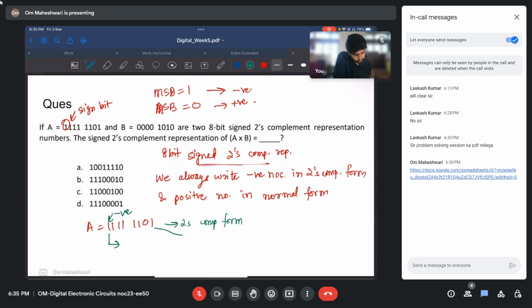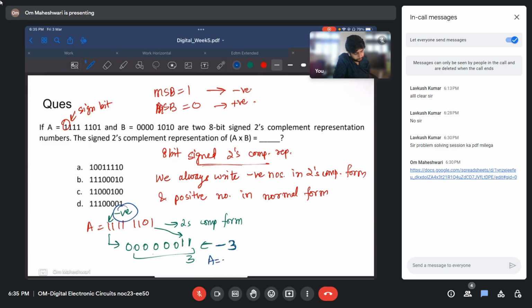We see the first 1 right here, so we invert all the digits after it. That gives 0 0 0 0 0 1 1. So it is 3, but we know it's a negative number, so this is minus 3.